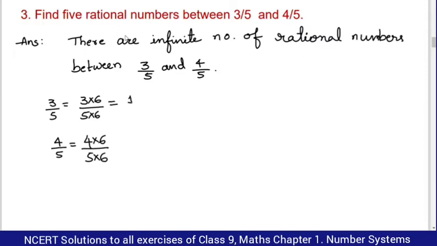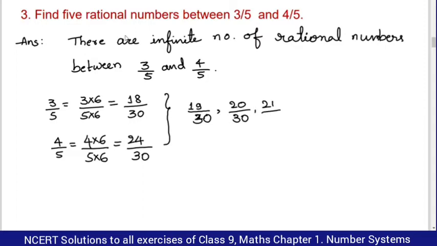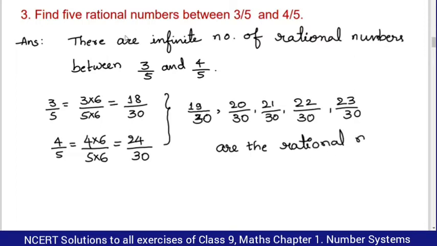So 3 by 5 is 18 by 30, 4 by 5 is 24 by 30. In between 3 by 5 and 4 by 5, the rational numbers are 19 by 30, 20 by 30, 21 by 30, 22 by 30, and 23 by 30. So these are the rational numbers between 3 by 5 and 4 by 5.